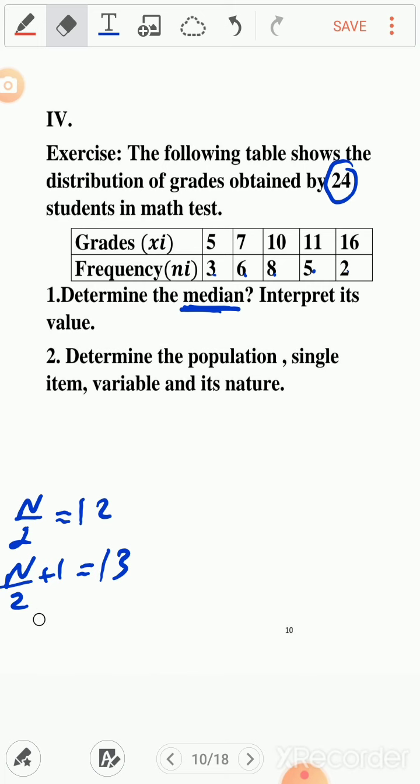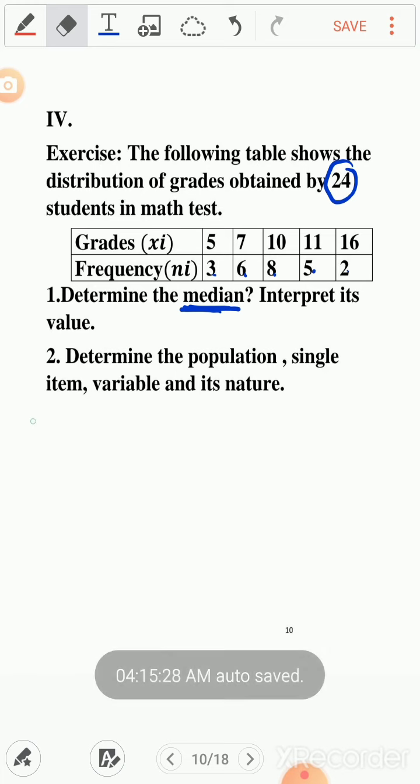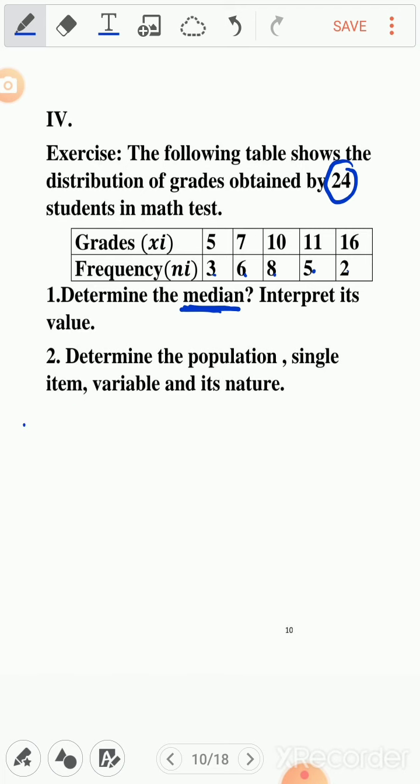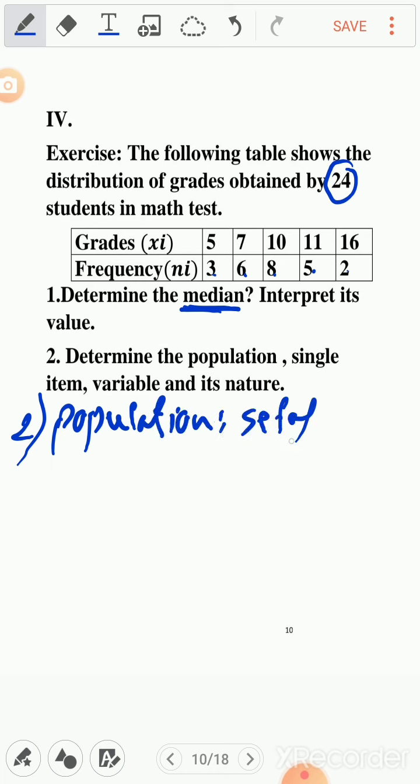The population is the set of 24 students. It is the set under study. This is the population. What is the single item?